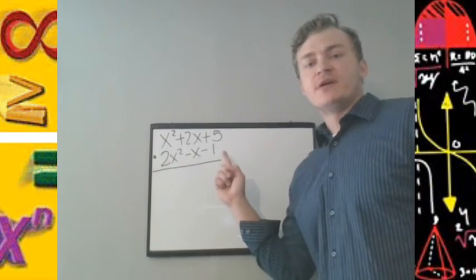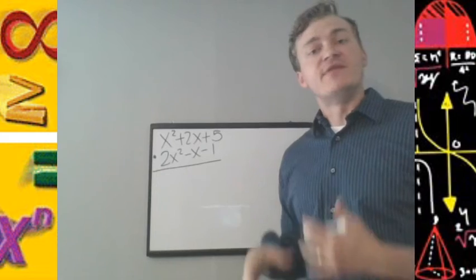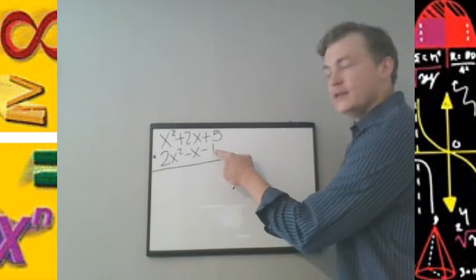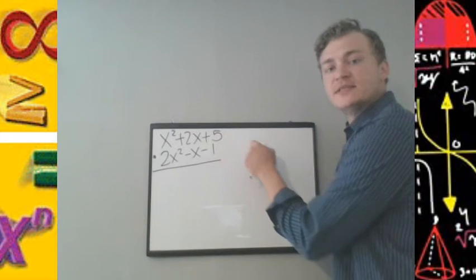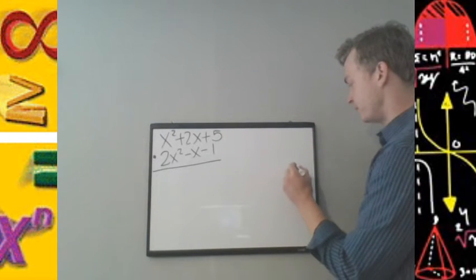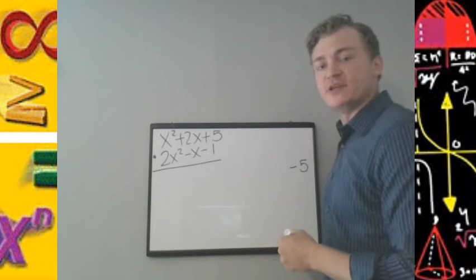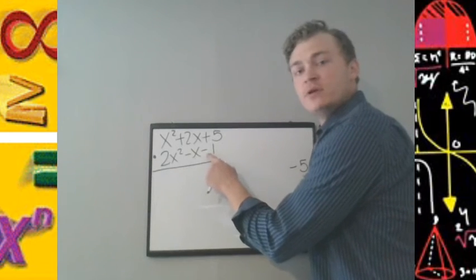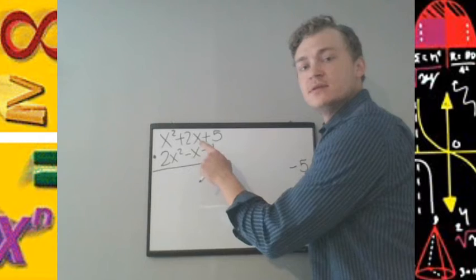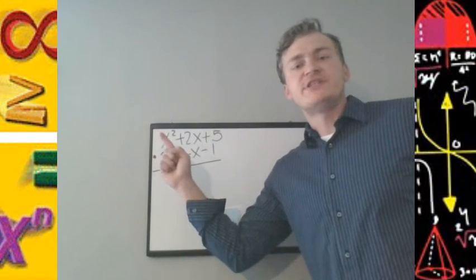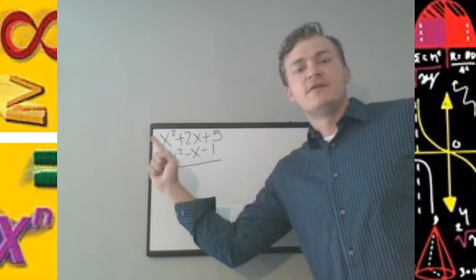All 3 terms here need to multiply all 3 terms up here, giving us 9 terms. Let's start with the negative 1. Negative 1 multiply positive 5 is negative 5. I'm going to have to use all the board here because I'm going to run out of space with all these terms. Negative 1 multiplied 2x is negative 2x. So notice here, when you multiply by negative 1, you're just simply changing the signs for each of these terms.